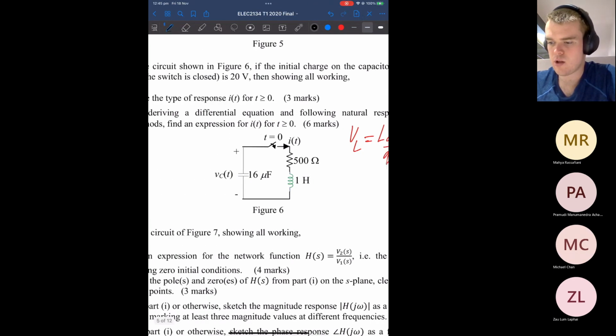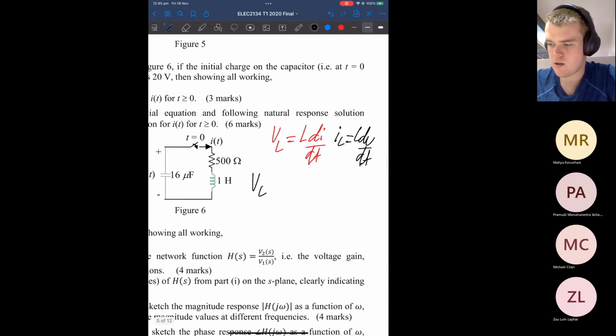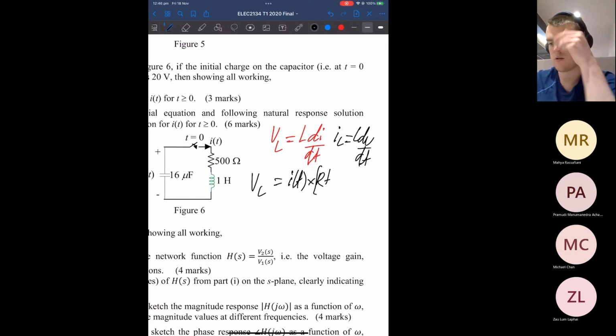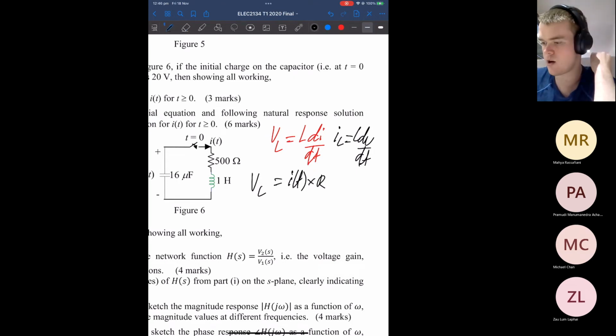So we are looking for i(t). Therefore, the voltage across the capacitor is equal to i(t) times R plus the voltage drop across the inductor.